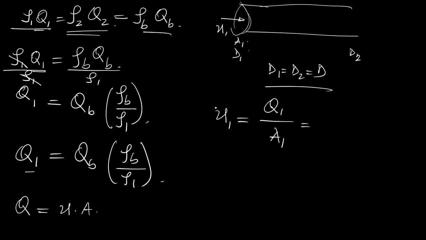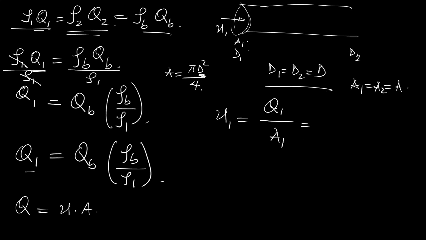Since the diameters are the same, and area is equal to pi d square all over 4, the area 1 is equal to area 2 equal to A. Because the variable here is D, and D is constant, the cross-sectional areas are all the same. So that is what we're going to use.